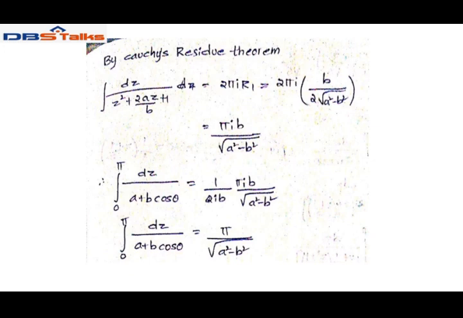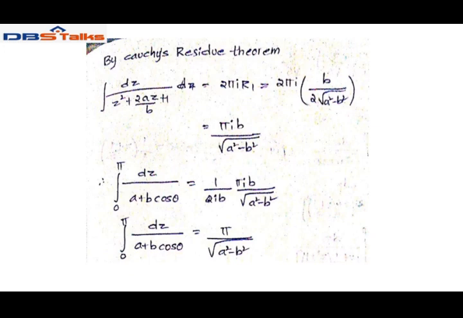So integral by using Cauchy's residue theorem, integral dz by z square plus 2az by b plus 1 equal to 2 pi i into R1 plus R2. R2 is 0. That pole is outside the circle, so R2 is 0. That equal to 2 pi i into R1, means b by 2 root of a square minus b square.